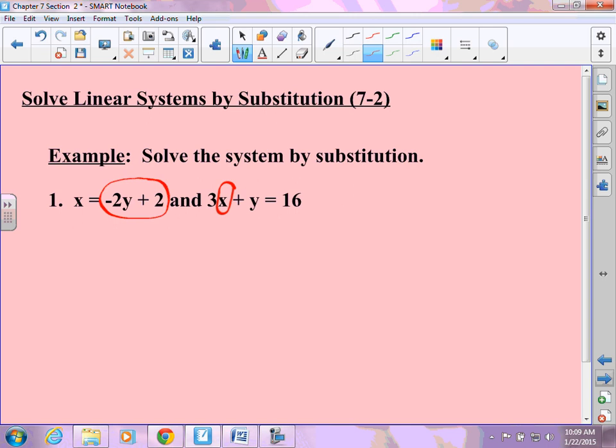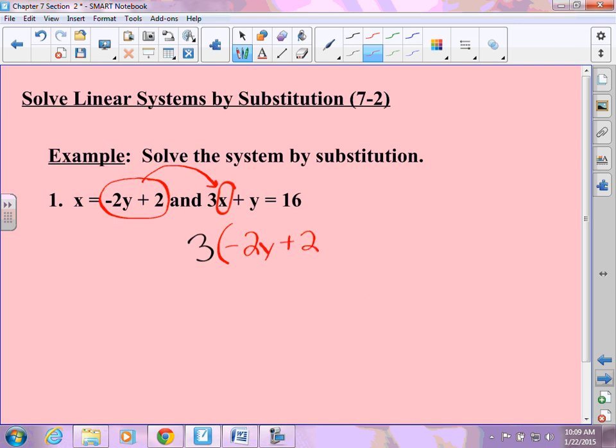All right, this is huge. You're going to love this. You're going to use this method forever in math classes. I'm going to take what x equals and I'm going to plug it into the x. So now watch what happens. I'm going to take my 3 from that equation, put parentheses, and put in what I circled: negative 2y plus 2 in parentheses.